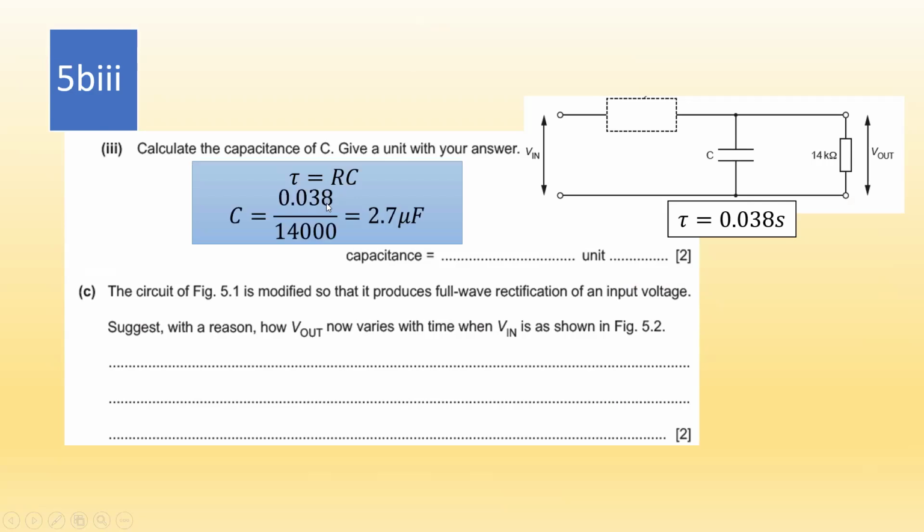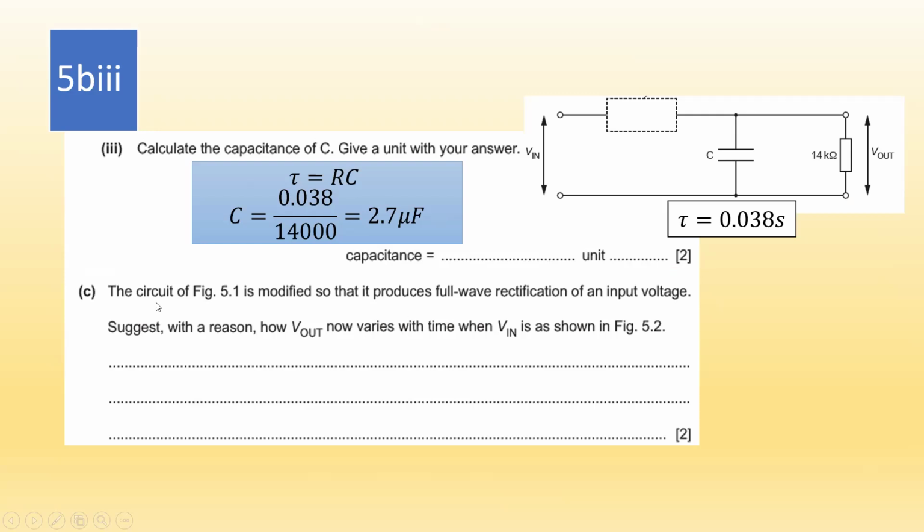Then from there you can calculate C. Tau is a Greek alphabet symbol. Then cross multiply to get your C value. R is given 14 kilo ohm. Change it to ohm.